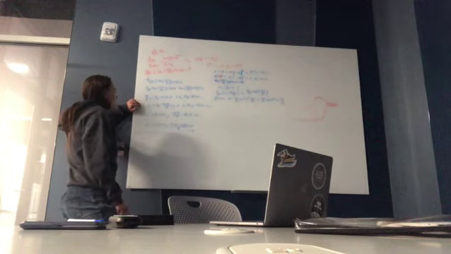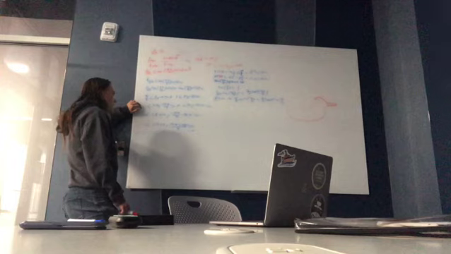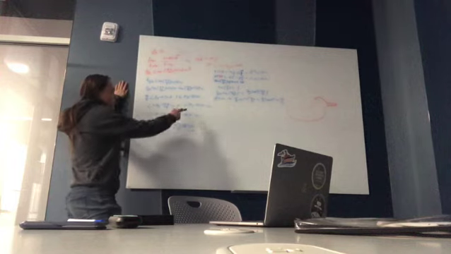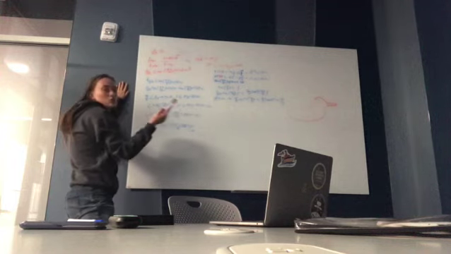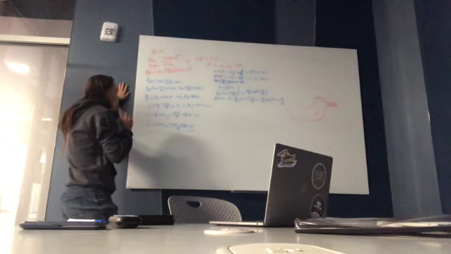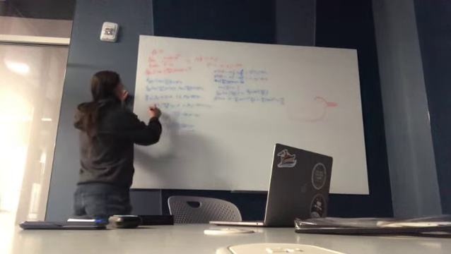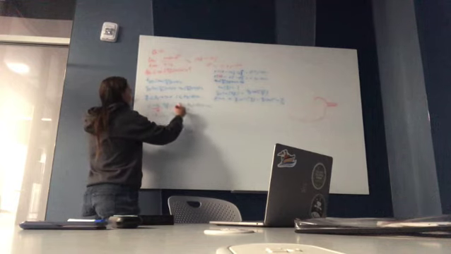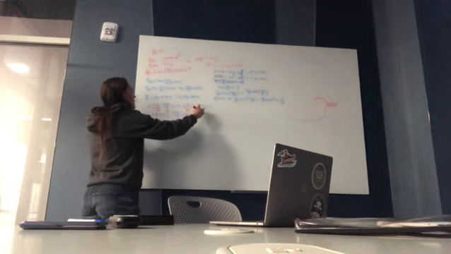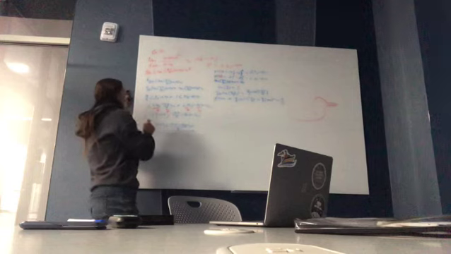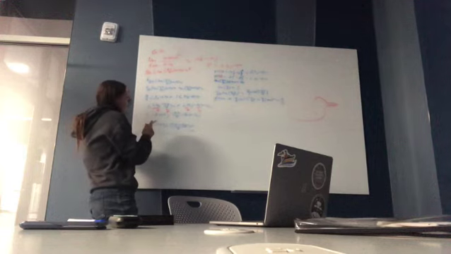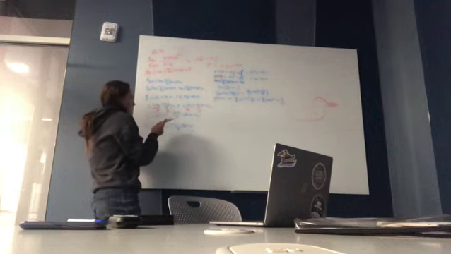8 comma negative 10 multiplied by pi over 4 is going to be 2 pi comma negative 10 pi over 4, and then 1 times 12 comma negative 10 is still going to be 12 comma negative 10. Then if we add that up, so we add the two x components and the two y components, we get 2 pi plus 12 comma negative 10 pi over 4 minus 10.